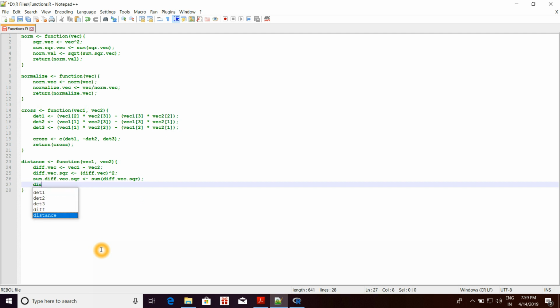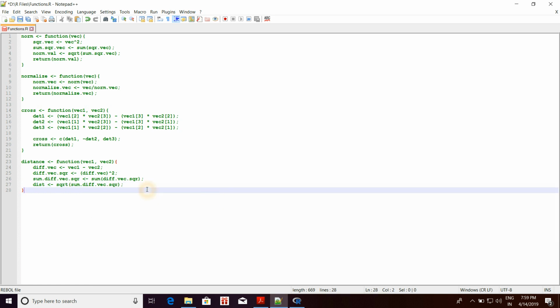So the distance will be the square root function, under that we have to write sum dot difference dot vec dot square, and then we have to return dist.